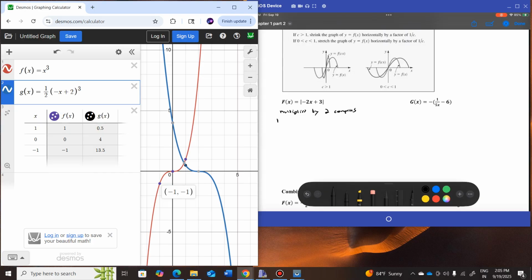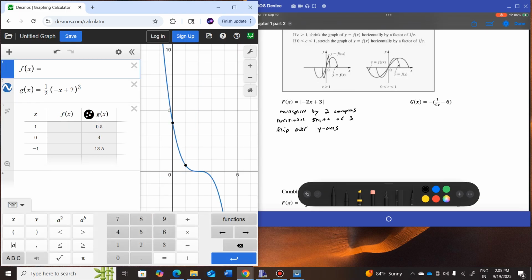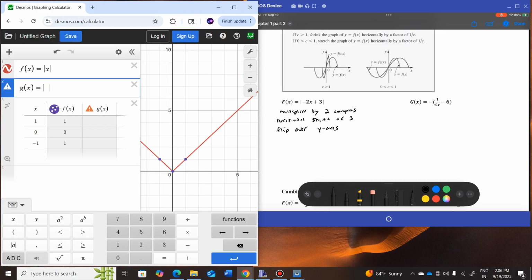So that reduces it or compresses it. There's a horizontal shift of 3 and a flip over the y-axis. So absolute value of x, and then absolute value of x shifted to x plus 3.